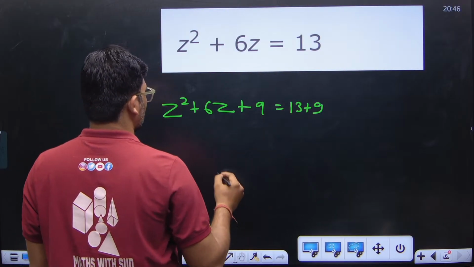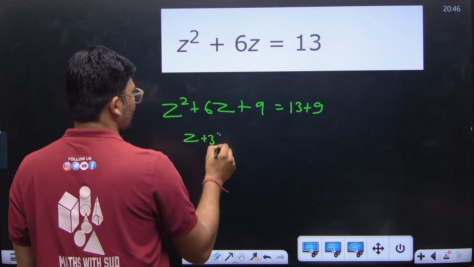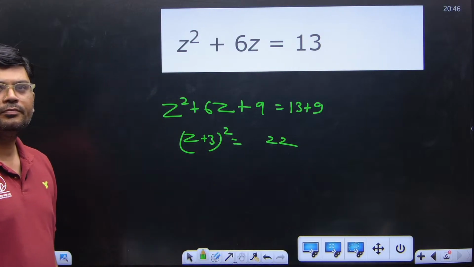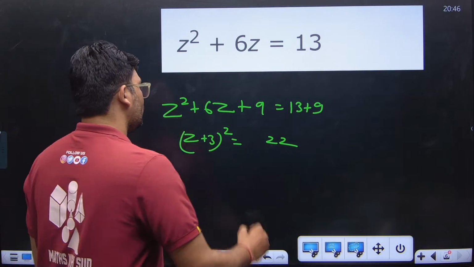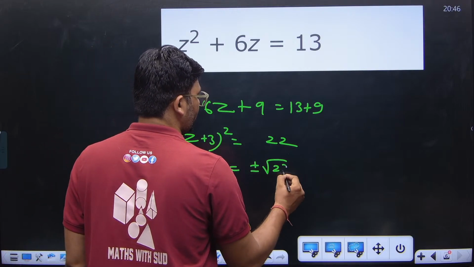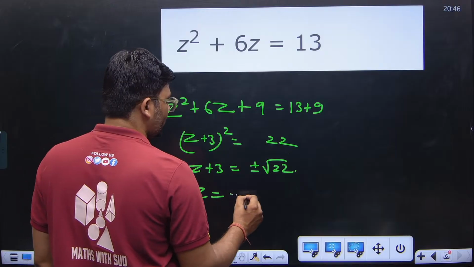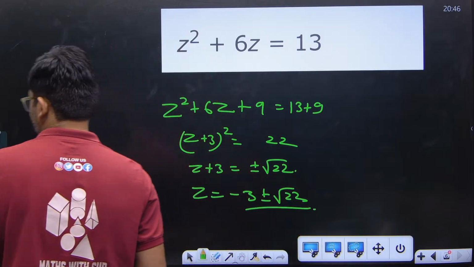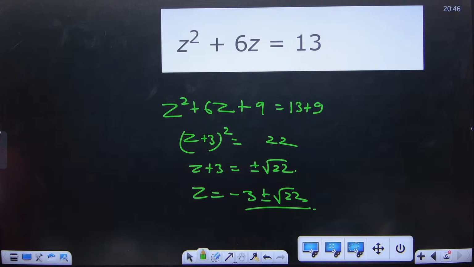So z plus 3 whole square is equal to 22. Then do the square root. Okay. So z plus 3 is equal to plus minus under root 22. So z will be equal to minus 3 plus minus under root 22. All right.